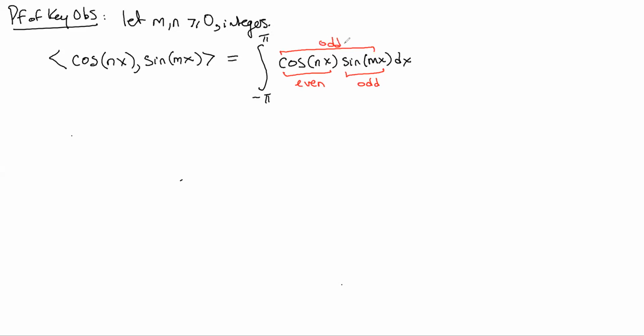But the integral of an odd function on this interval is 0. So all the cosines are orthogonal to all the sines. This implies that cosine nx is orthogonal to sine mx. What about two cosines but with different m and n?